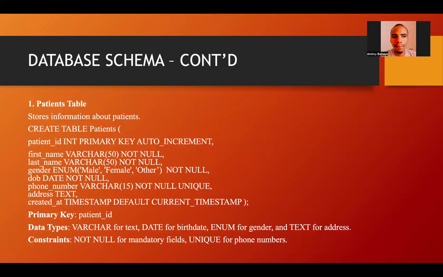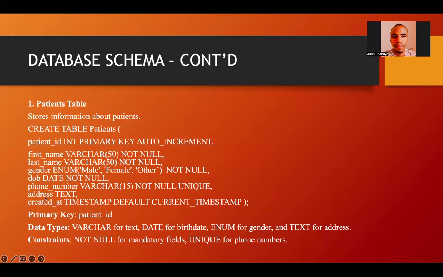Anything apart from these three is going to throw an error. It's also not null. Date of birth is of type date, and it's also not null. Phone number is a variable character of 15, not null, and unique. That means when a phone number is added, it cannot be added again.